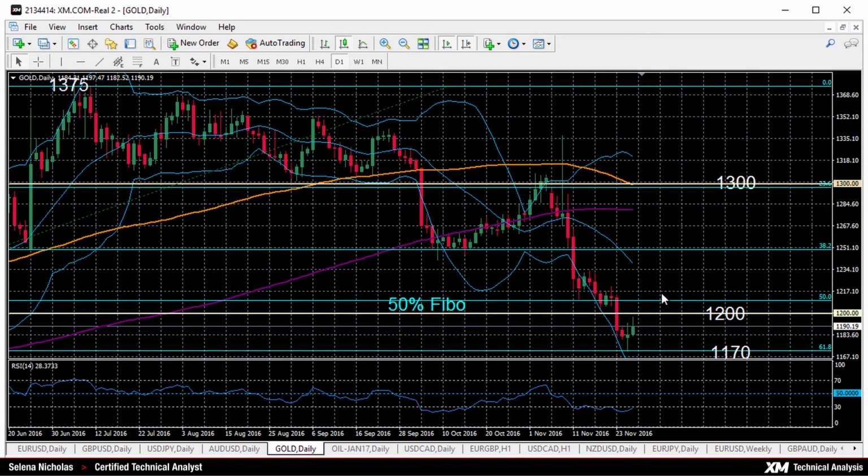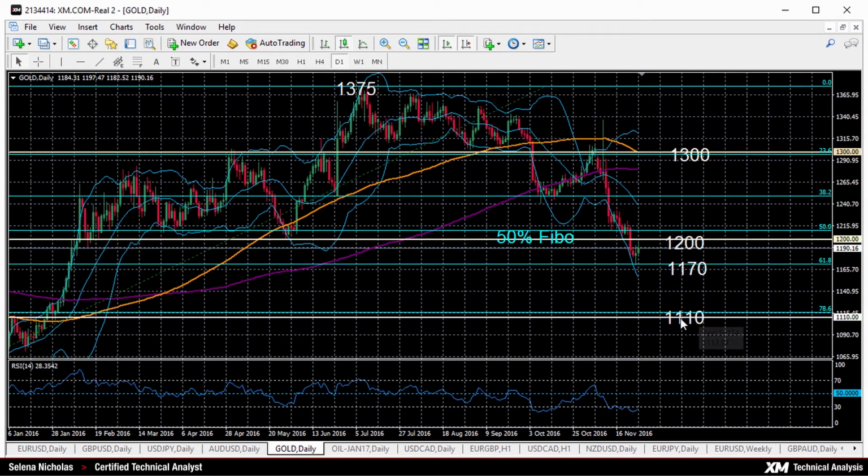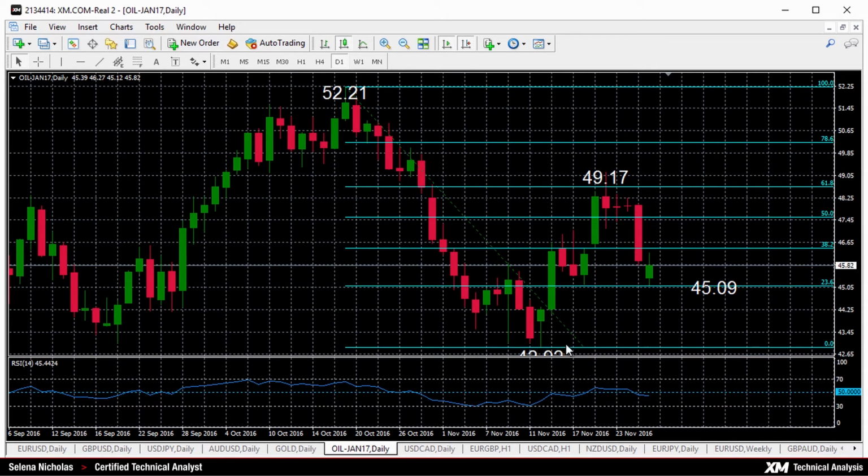The overall market structure remains bearish. Prices could fall back down and break below this 1170 area, and we could see a resumption of the downtrend to target 1110.